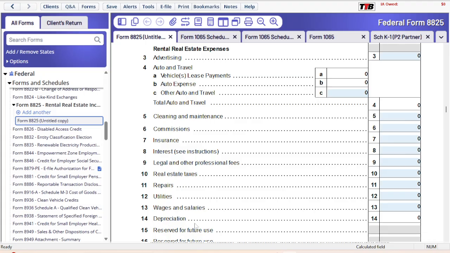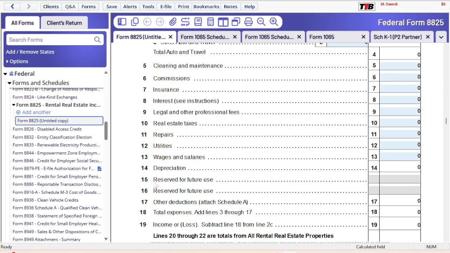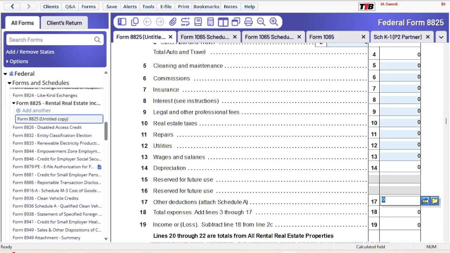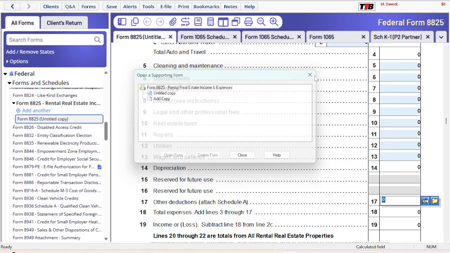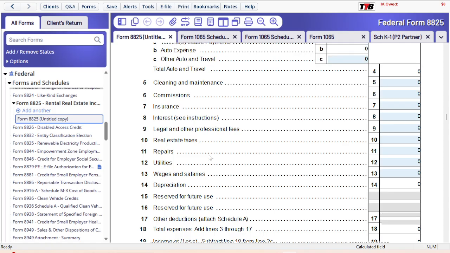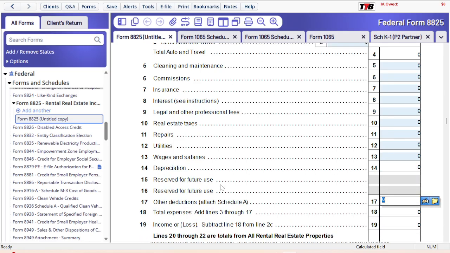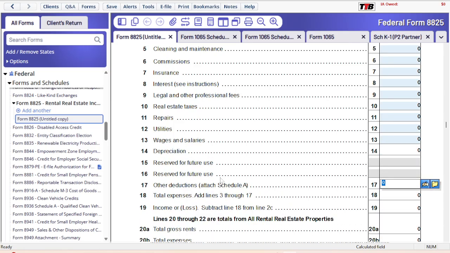So depreciation for the property will go on line 14, and other deductions, attach Schedule A. We can click on that to see what that is, but they have a good amount of expenses listed here for you to find a spot to include expenses, so that you don't have to attach anything here.